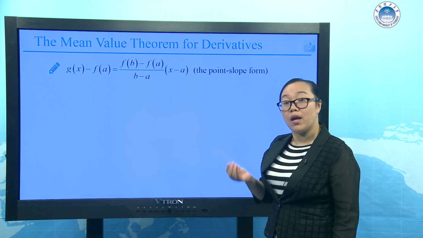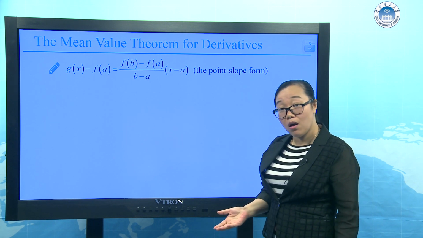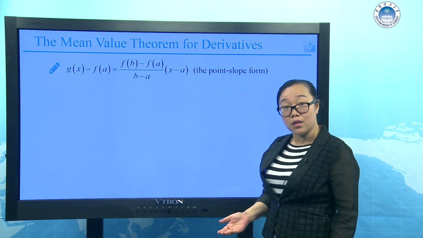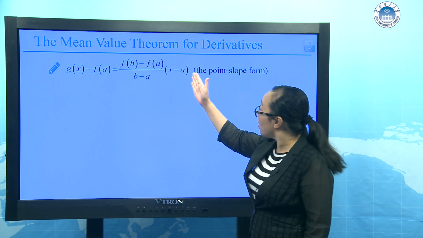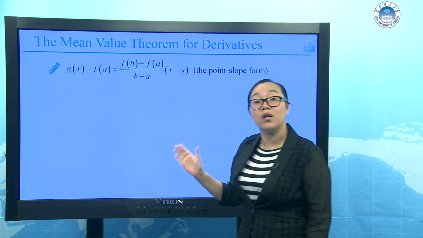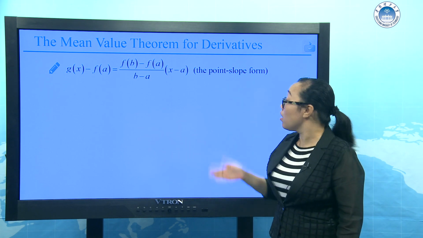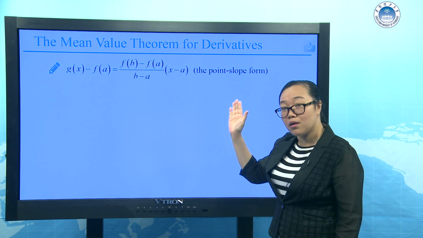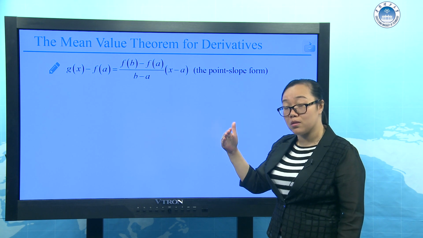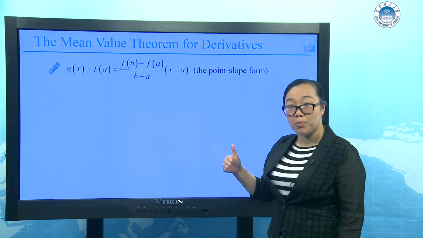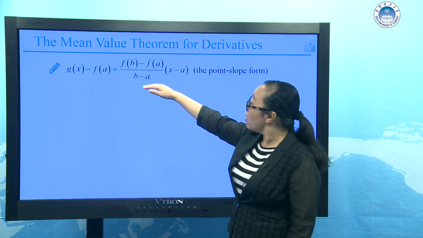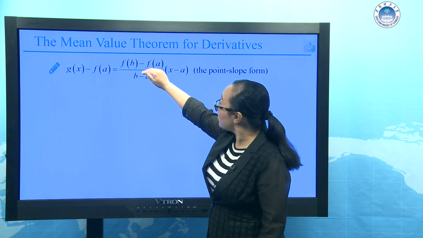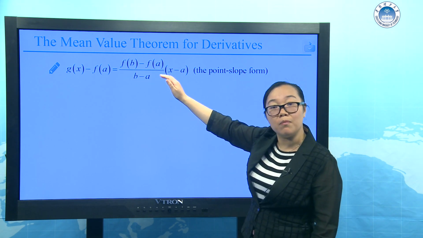Yes, the given point, (a, f(a)). Of course, you could write (b, f(b)). In this question, we write (a, f(a)) as the given point. How about the slope? Yes, the slope of the two points, capital A and capital B. Write k: k equals (f(b) minus f(a)) over (b minus a).